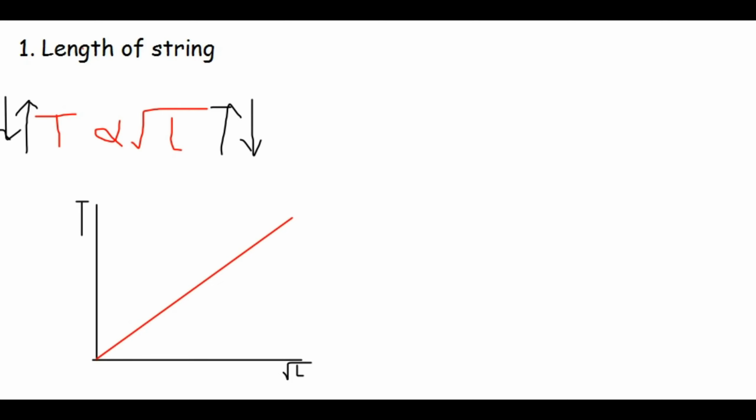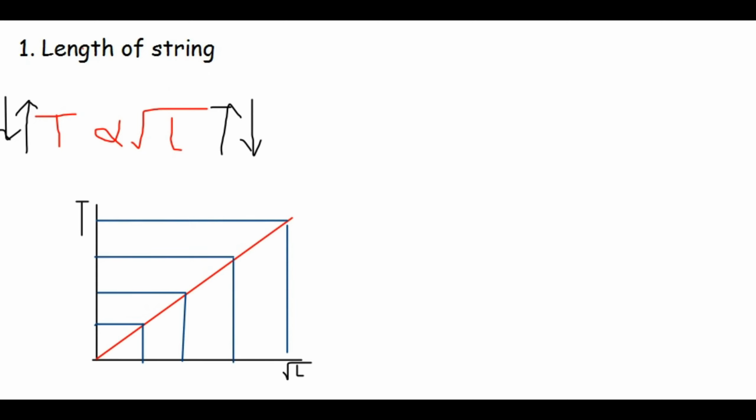So what this graph means is that when there is an increase in L, let's say L is at this level, T is going to increase to this level, and it keeps going on like that. T here, L here, and it keeps increasing. As the length of the string increases, so does the period of the pendulum.